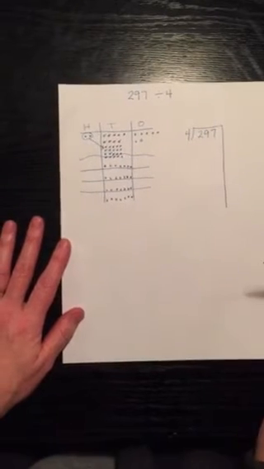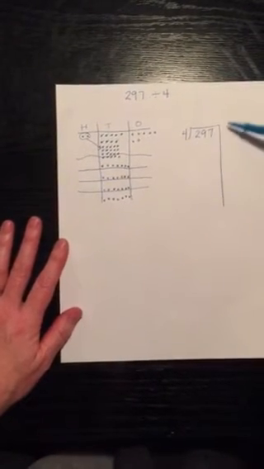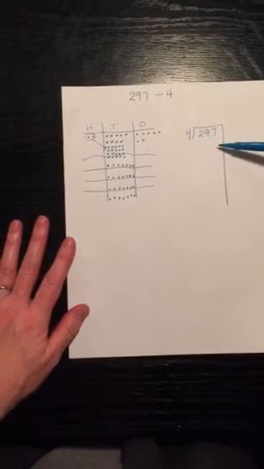Okay, and I have 1 place value disc left. I'm going to go over and look at our partial quotients.